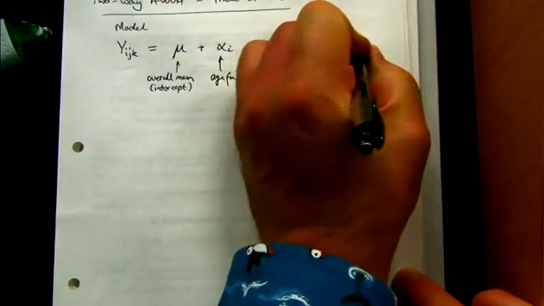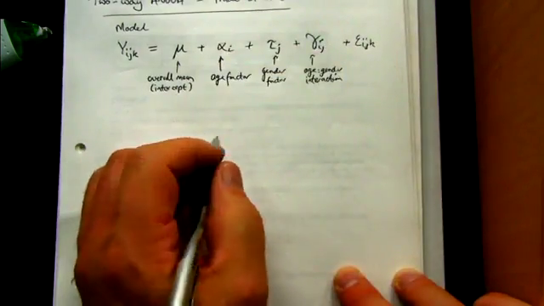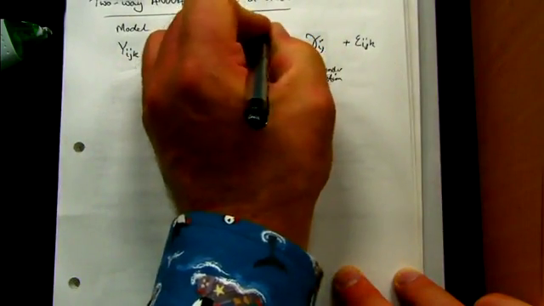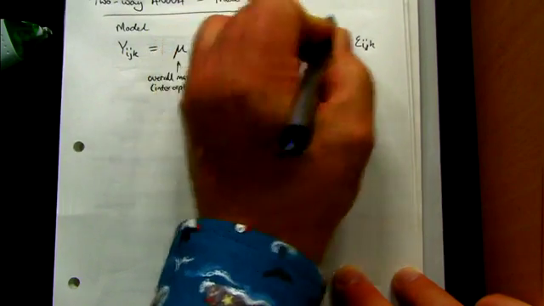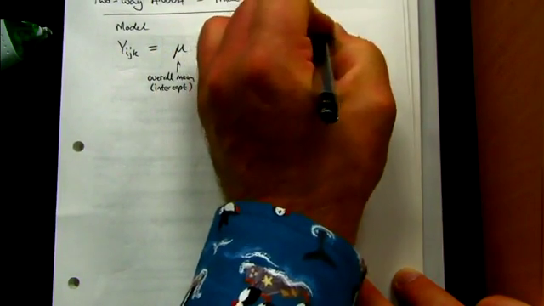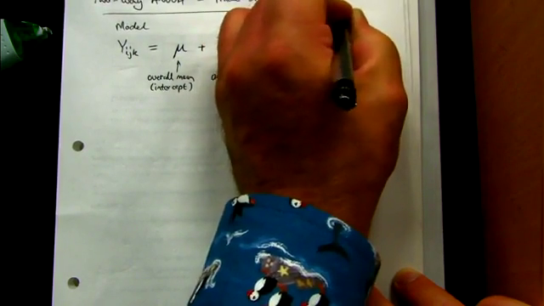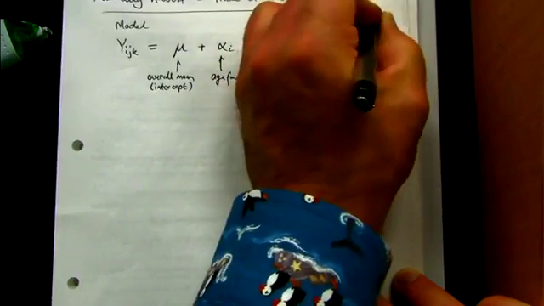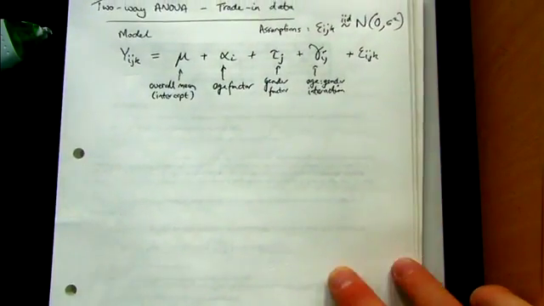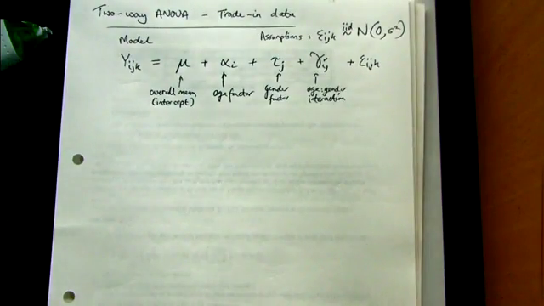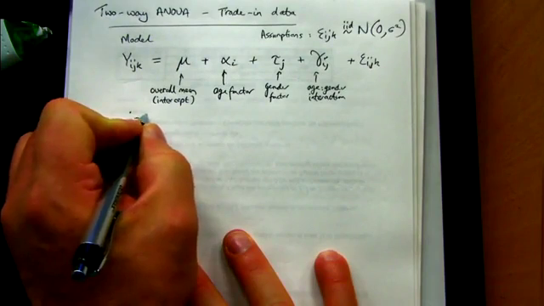And the assumptions, of course, are the usual assumptions that the e_ijk's are IID normal 0, sigma squared. Then I have to specify the levels of i.